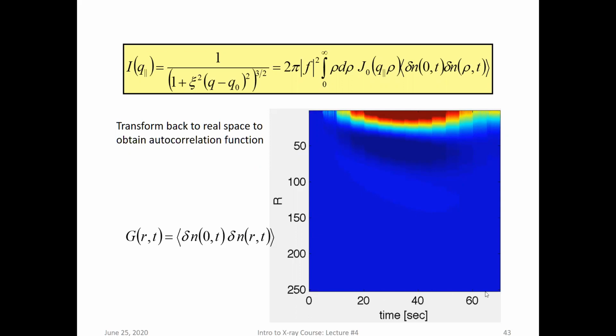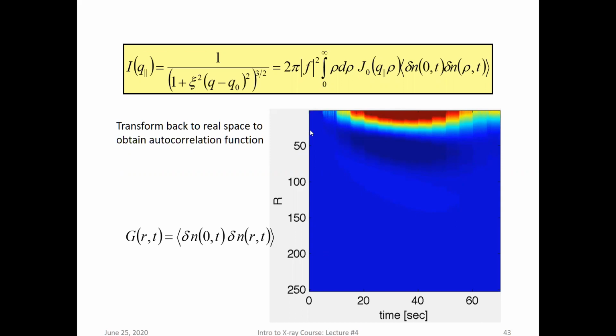This direction is time, so we're going through a single oscillation. Up here, at small distances, initially there are no islands, so the probability of finding material anywhere is very small. As I move out to half coverage, this tells me the size of my island. If I start at position 0, at half coverage, as I move out there's a high probability of finding material nearby until I hit some characteristic size out here.